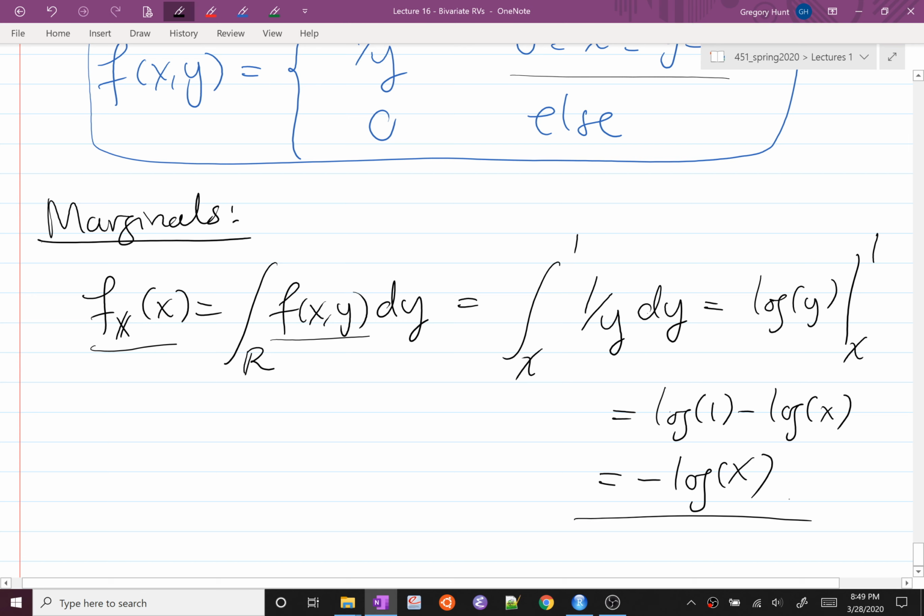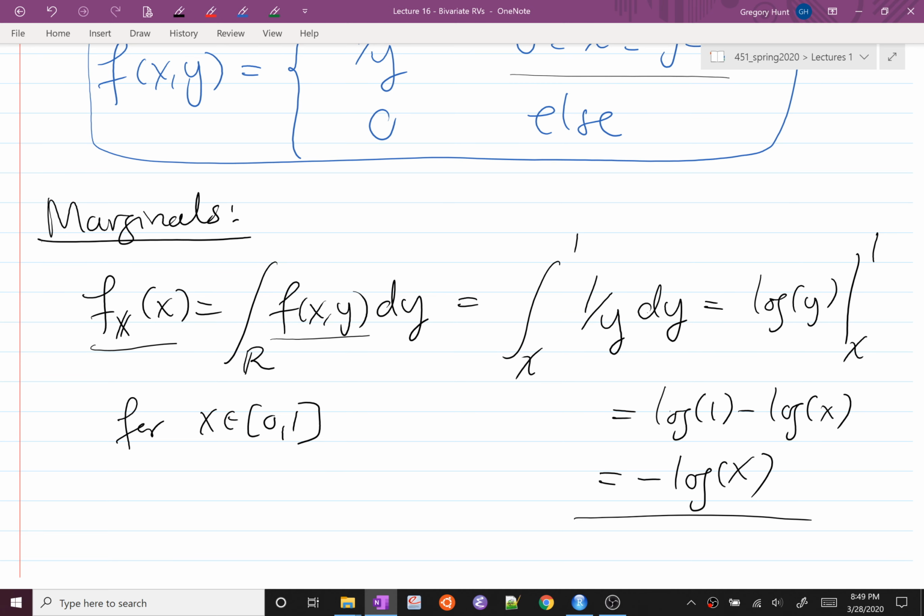Is negative log of x allowed for a marginal? Yes, because x has to be between 0 and 1. So this is, as long as x is in this interval. If it's outside the interval, it's 0. If it's inside this interval, it's negative log x. Negative log of x is negative in that interval, so negative negative gives me a positive number. Still satisfies all of the properties of marginal PDFs that we learned.